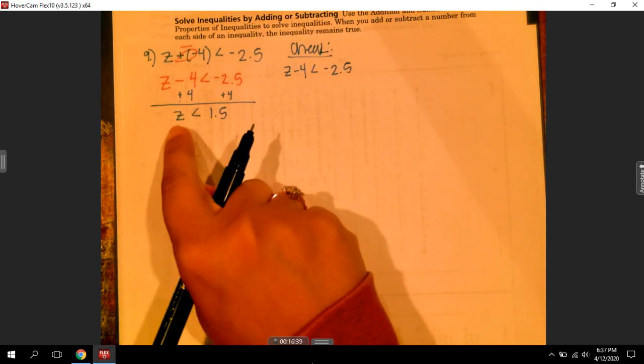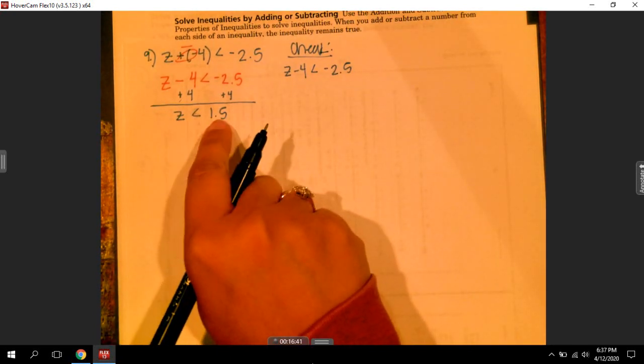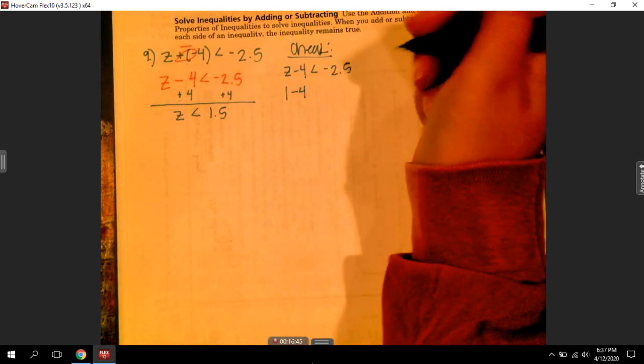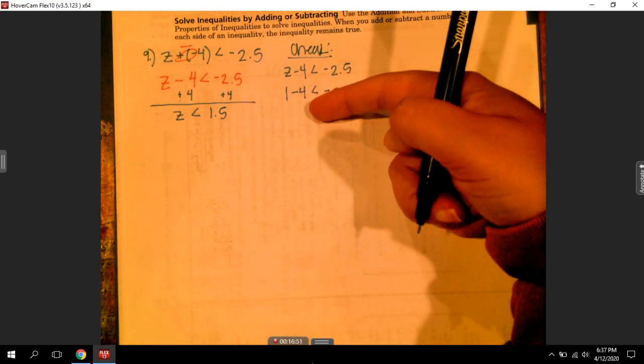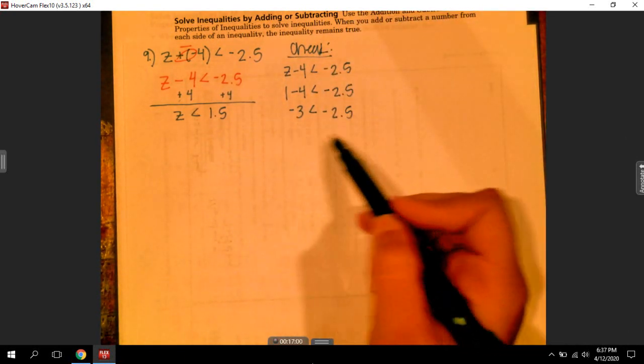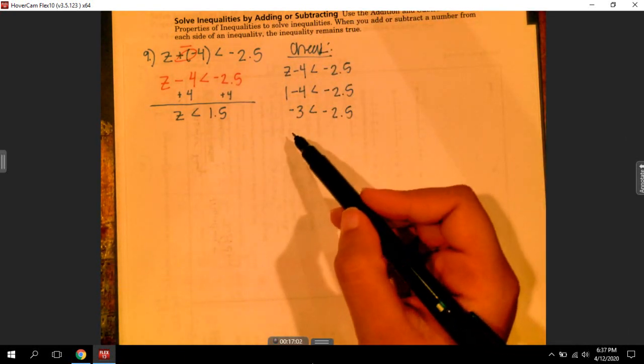So any number less than 1.5, so 1 would be smaller than 1.5. So we can say 1 minus 4 is less than -2.5. 1 minus 4 leaves you with -3. So -3 is less than -2.5. This is in fact a true statement.